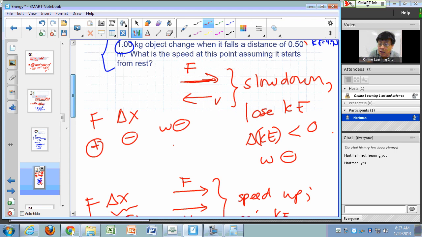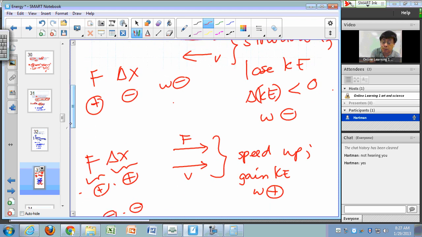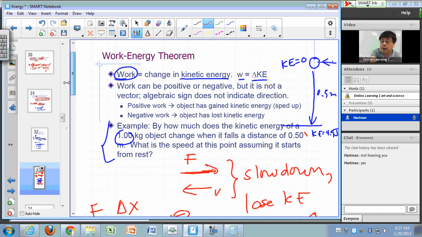In other words, if I was moving away from you and you were pulling me back, I'm going to be slowing down. But if I was moving away from you and you push me, that means force and displacement would be in the same direction. I will be speeding up. Okay? So positive work simply means that your object has gained kinetic energy. Negative work means your object has lost kinetic energy. So that's how you would interpret the positive and negative signs for work.